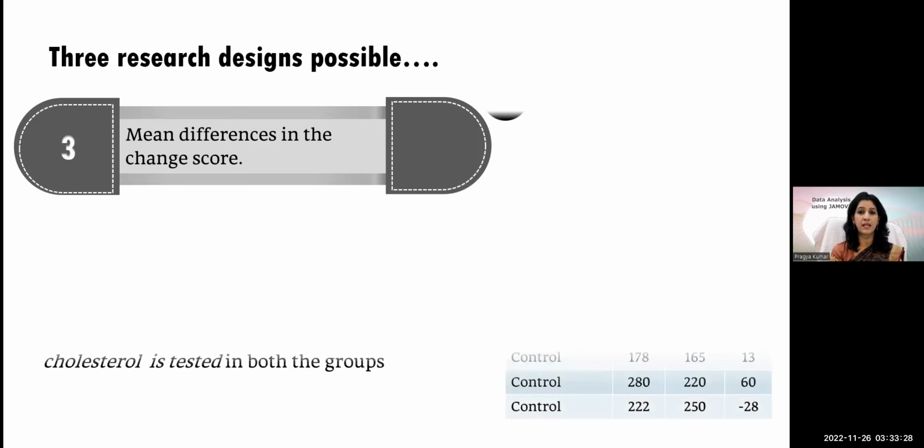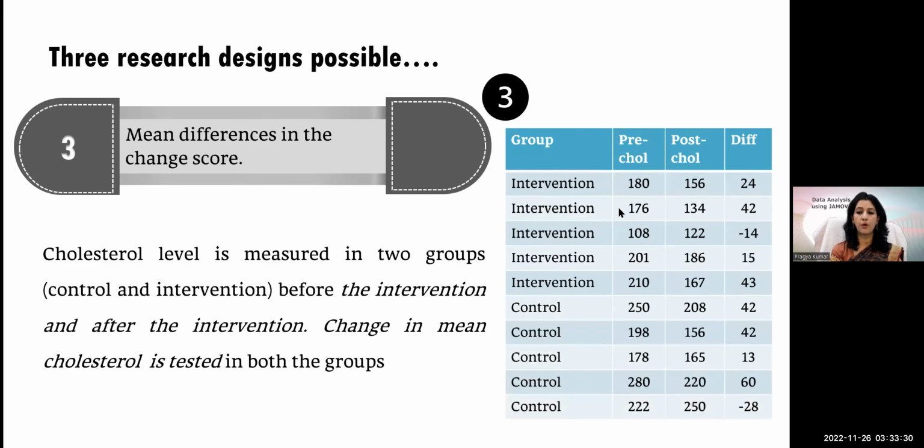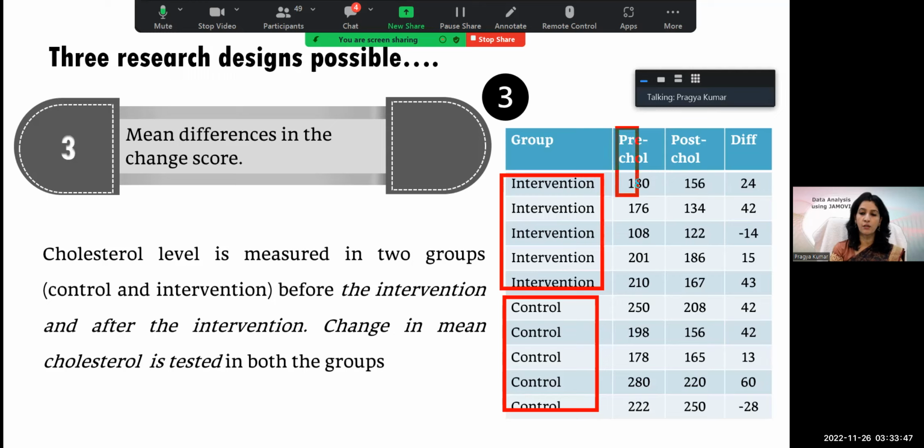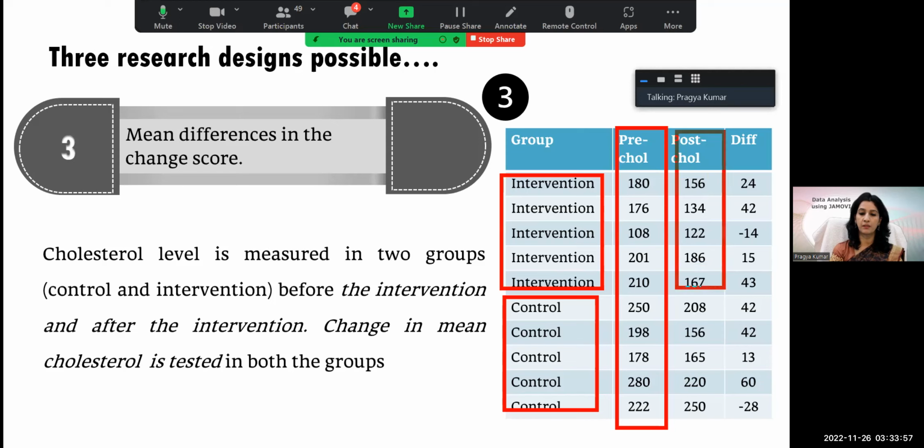In the same example which we have done, we have one intervention group and one control group, right? But before intervention, you also have the value of pre-cholesterol. That means before intervention, what is the value of cholesterol, and after your exercise therapy, what is the cholesterol? And this value is the difference between the two values.